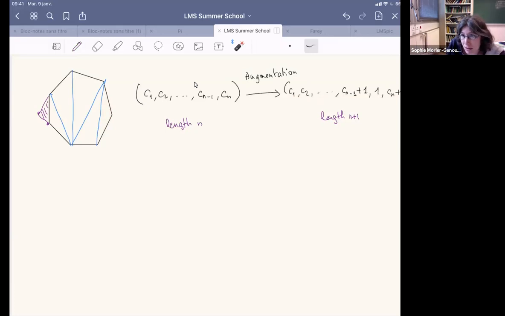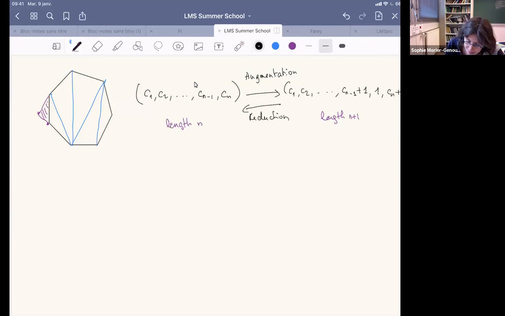So I'm sure that there is a 1 somewhere. So I number the vertices so that the 1 is here just before the last. And if I have a triangulated n-gon, then if at a vertex the quiddity value is 1, I can remove this vertex, and what I get is a triangulation of a polygon with fewer vertices. Okay, so this is the reduction operation.